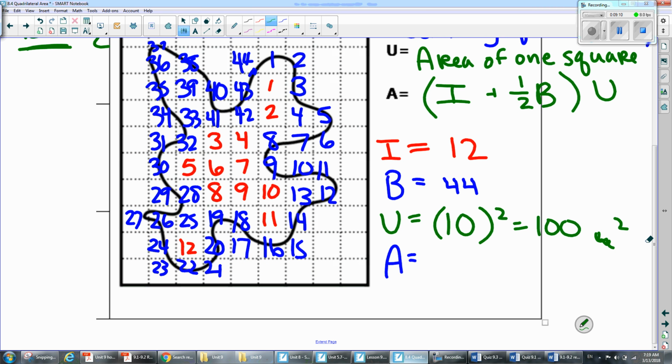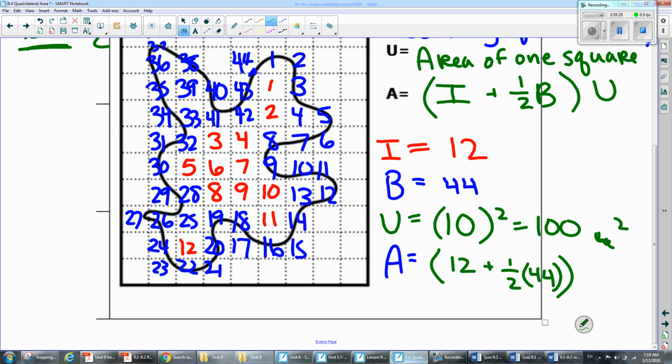So for my area formula, I'm going to substitute in what we know. My included squares were 12. Those were my full squares. Then I had 44 squares that were half in, half out, so I multiply them by a half for my boundary squares.